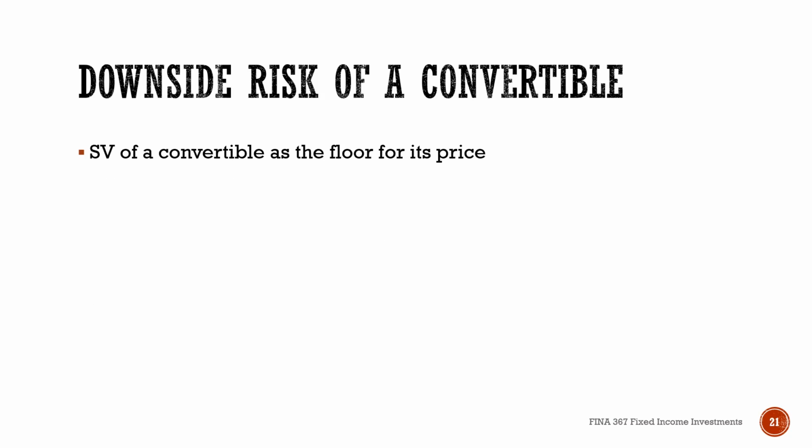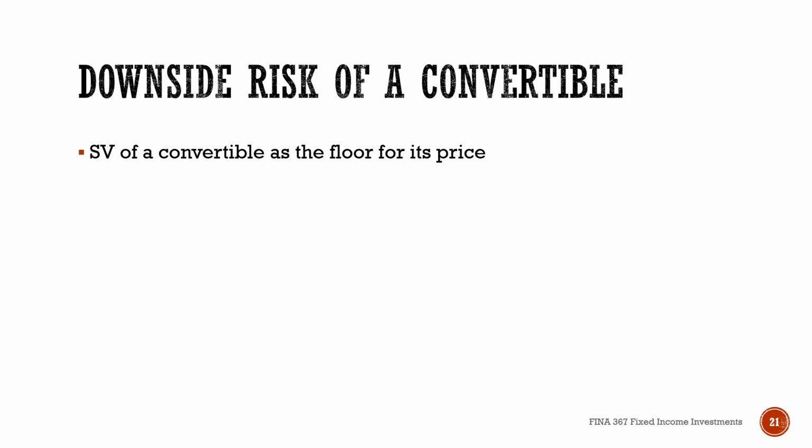Now let me explain why. If the stock of the company is very volatile, that means you can gain a lot, but you can also lose a lot. The convertible bond gives you a convenient way to participate in the upside, but you can also avoid the downside risk. So the larger the downside risk that you can avoid, the higher premium that you should pay to avoid it.